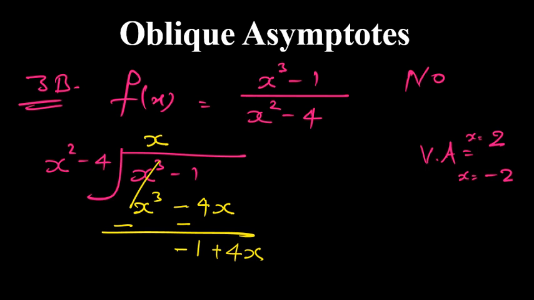So how do we do this now? Let me rewrite again. 4x minus 1. So how am I supposed to get 4x minus 1 here? What should be done here? Then you will need to multiply with plus 4 over x, right?